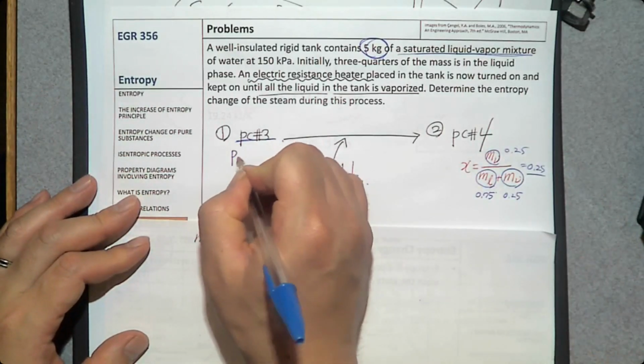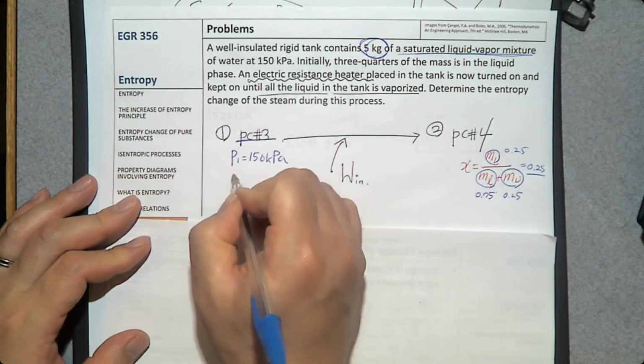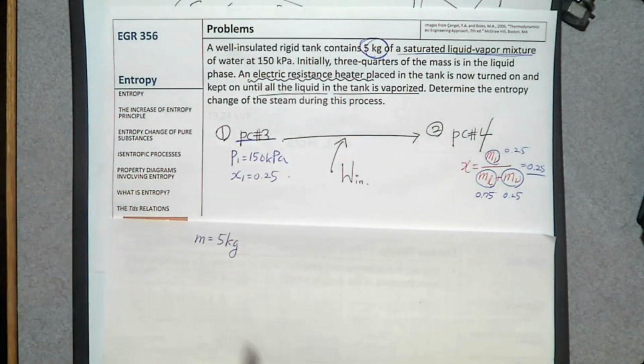And pressure P1 is 150 kilopascal. And quality X is 0.25. So if you know pressure and quality X, can you analyze this initial state? Yes. If you want to find V, you can find it. If you want to find H, you can do it. If you want to find entropy S, you can do it. Then no problem in the first state.